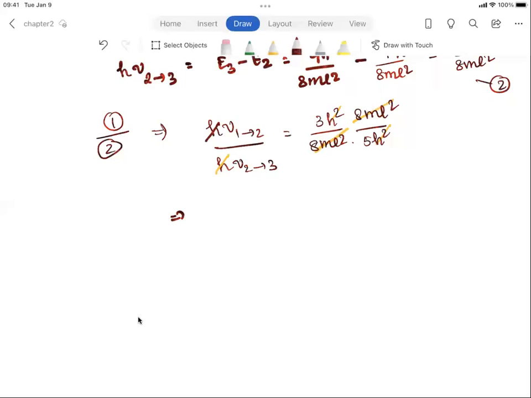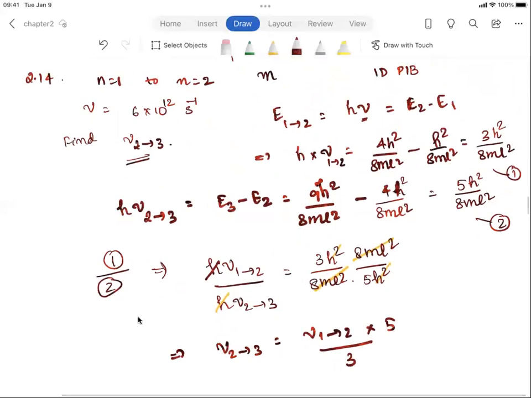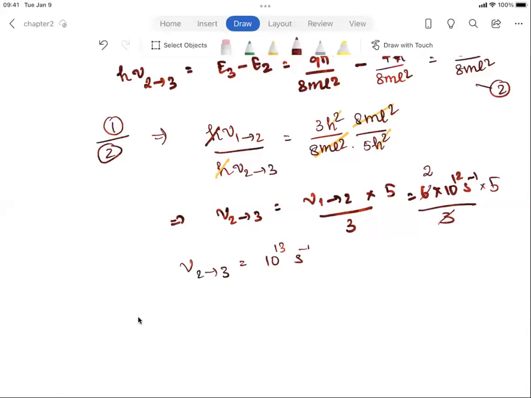So this will give me nu 2 to 3 to be equal to nu 1 to 2 times 5 over 3. And I know nu 1 to 2 is 6 times 10 to the 12 per second. So nu 2 to 3 is going to be 3 1s and 3 2s. So 5 2s are 10, it's going to be 10 to the power 13 per second. So this is the answer.